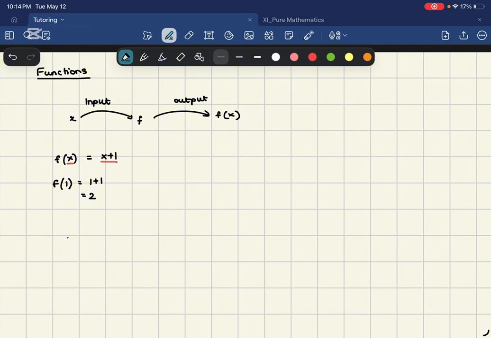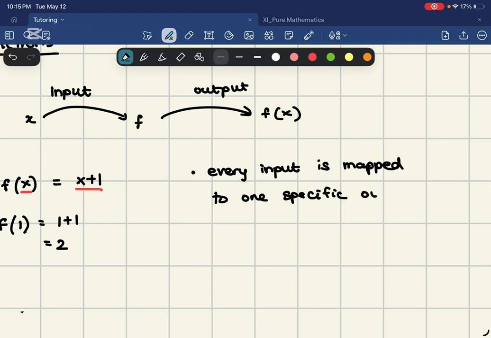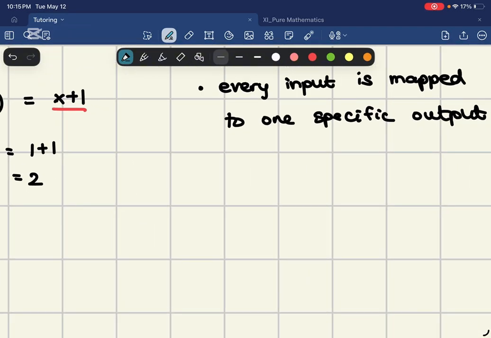And a function must satisfy this thing. Every input is mapped to one specific output. So basically, every input is mapped uniquely to one output. And let me just illustrate.